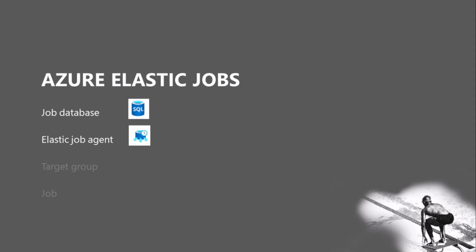It's the resource you create in Azure, and it's responsible for managing the jobs and connecting to the servers and so on. So again, think about the younger cousin of SQL Server Agent. The first two components are very similar to what we have on premises.